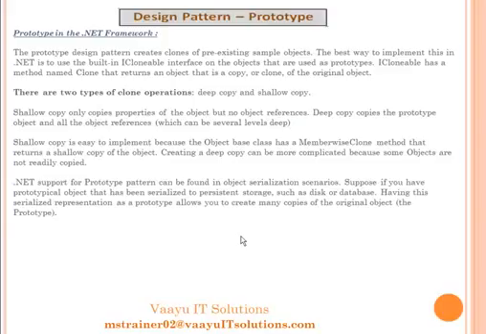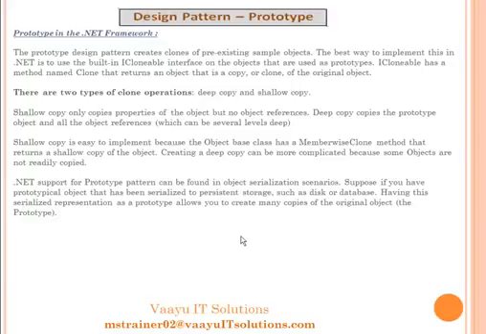So what is a shallow copy? Shallow copy only copies the properties of the object but not the object references. It copies the non-static properties of the object and does not copy the object references.